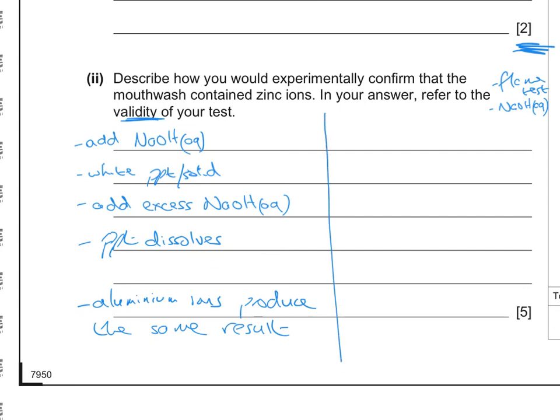You now use ammonia solution. So what you could say is add ammonia, or you can write NH3 aqueous. You'll get a white precipitate. Now just point out that magnesium ions and aluminium ions will also produce a white precipitate.